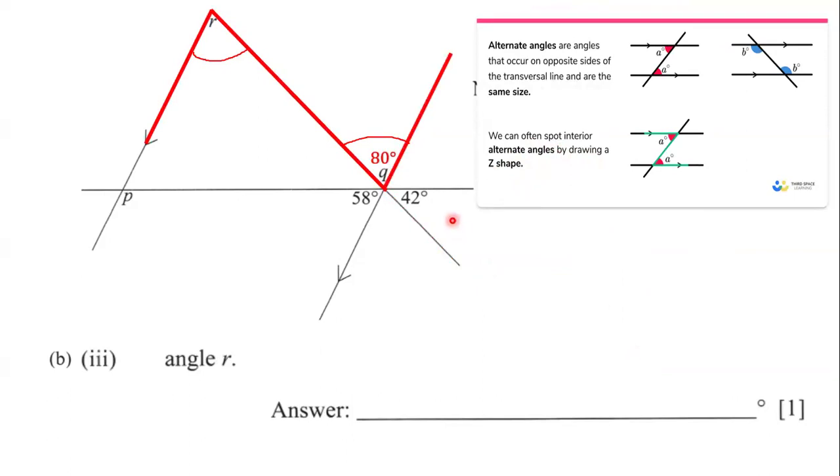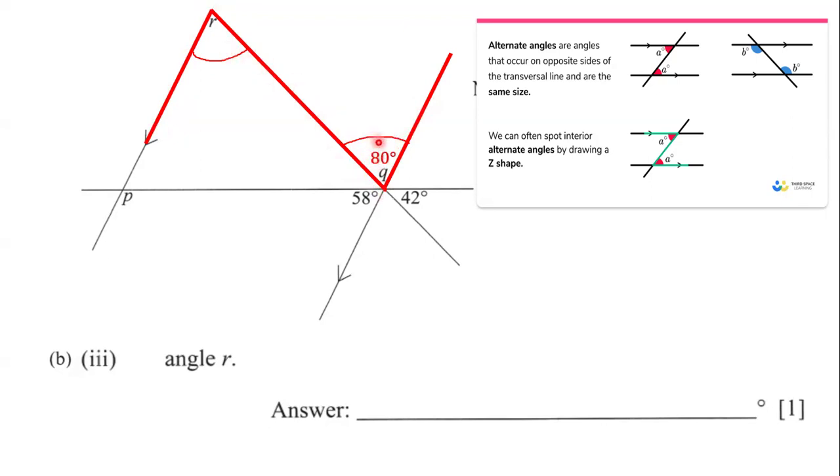Indeed, we know from the previous question that Q is equal to 80 degrees, but our goal is to determine the size of angle R. We know that angle R and angle Q, which measures 80 degrees, are alternate angles, and the Z shape helps us to identify them.